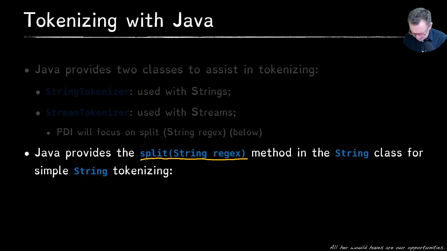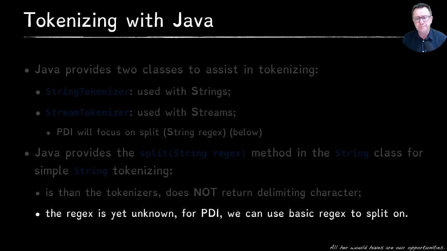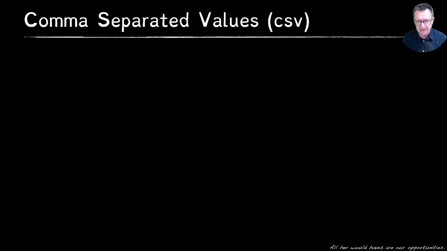And the method is in the String class, and we'll see it as we go along, okay? Now, with string, when we start to tokenize, it's not returning the delimiting character. That's important to know. The delimiting character isn't returned. What's returned is the token that's separated by the delimiters, okay? And you're going to see that in just a second.